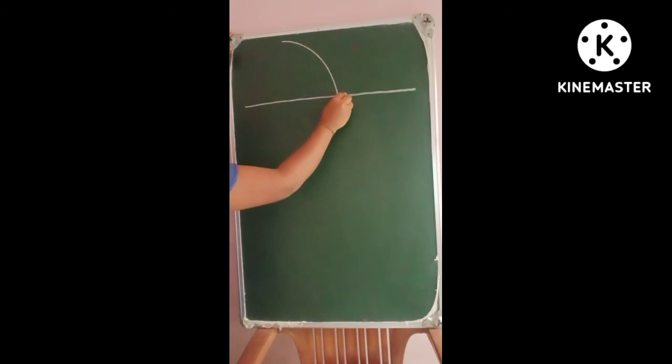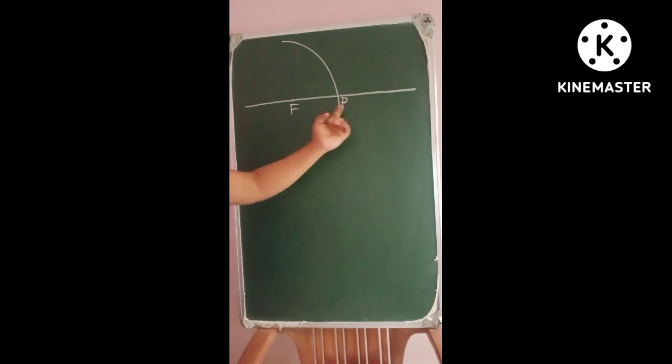Then we are going to study about spherical mirrors. Let us consider this as the concave mirror. Say this is the pole of the mirror. This will be the principal axis. Let us consider this as the principal focus. So we have to study some of the terms here.